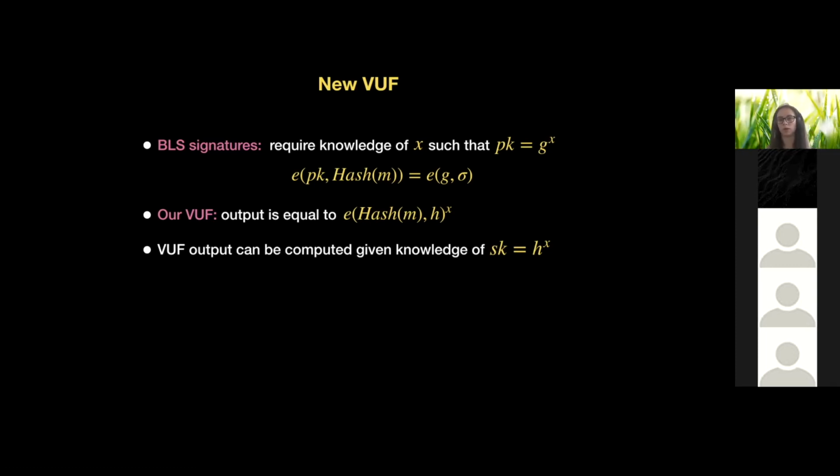And we also need to provide in those signature elements a proof that this output is actually correct, is actually what it's supposed to be, because the verifier can't check that for themselves because they don't know h to the x and they don't know hash of m to the x. So all they have to go on is a proof, but a proof is computationally sound. So they should be happy with that.